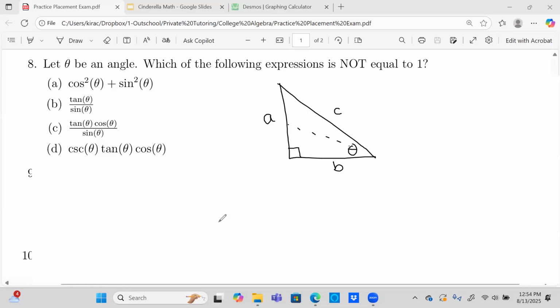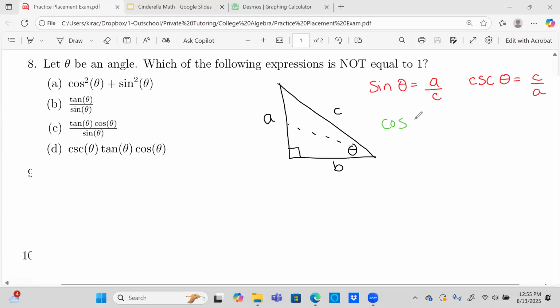Okay? And now let's jot down the 6 trig functions of this theta. So SOHCAHTOA, the sine of this theta is opposite over hypotenuse. The flip, the reciprocal of sine is known as cosecant. So just flip that.